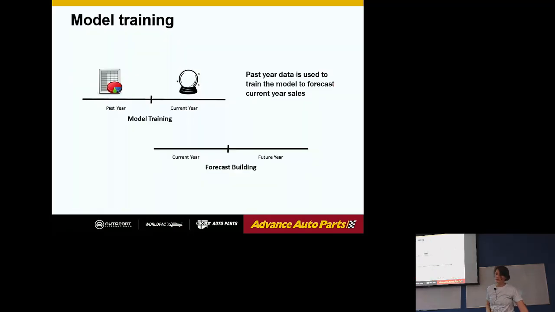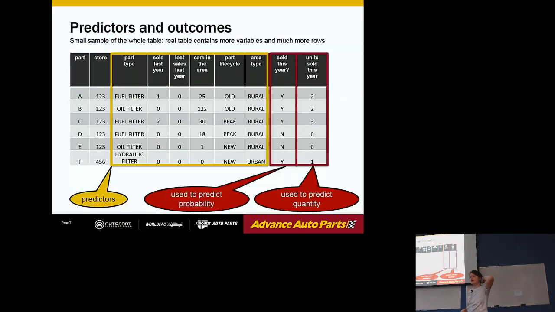What are cars in the area? For each store, we know how many cars surrounding that store use that particular part. So you have access to DMV records?